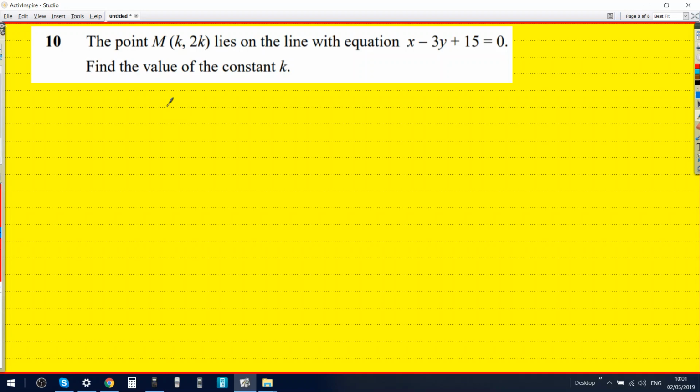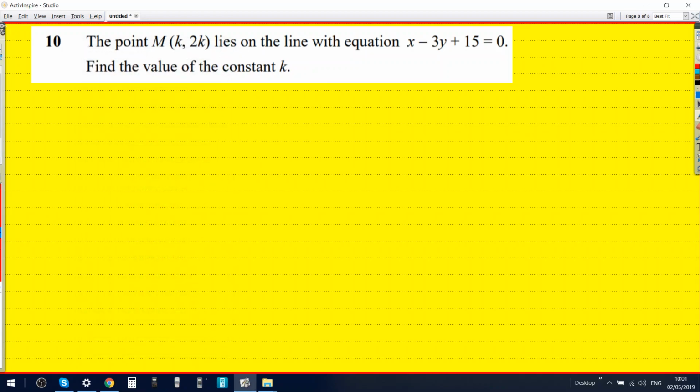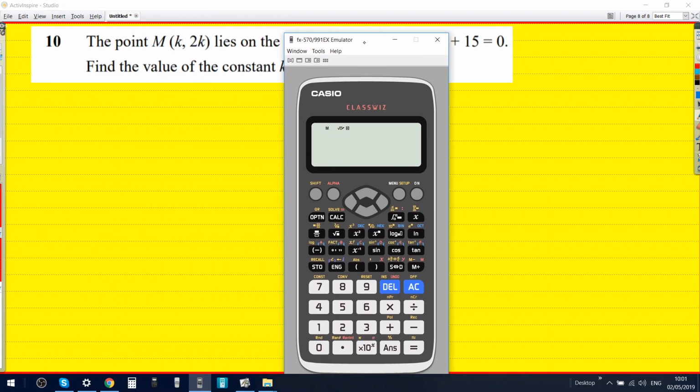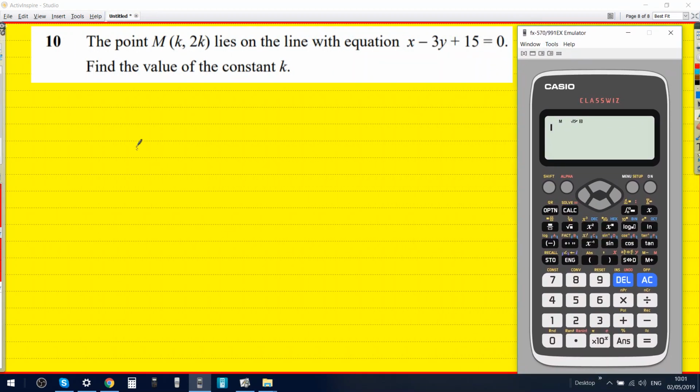Should we rearrange the equation? So let's try without rearranging it, because it doesn't say show or anything, it's just solve. Right. Do you sub k in then?